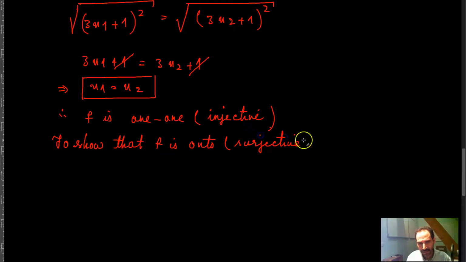what you need to do is show that every output of the function, or every member of the codomain of the function, is the image of some element in the domain of the function.